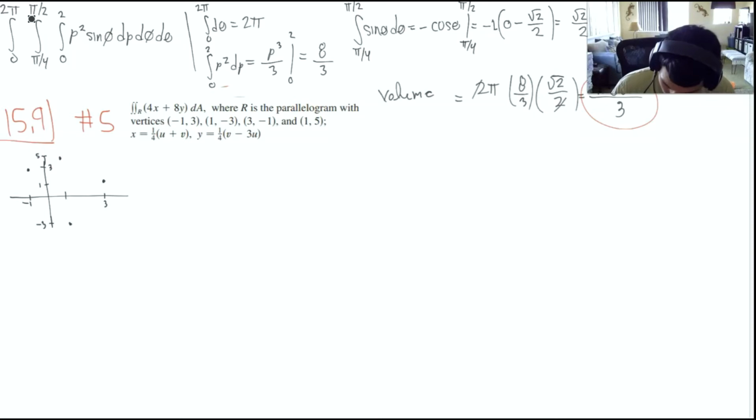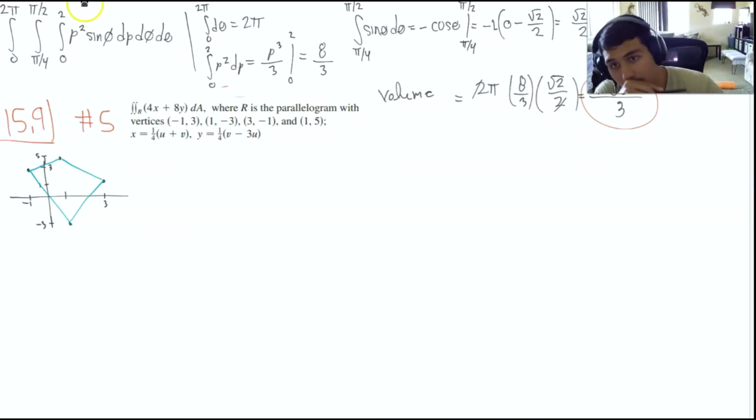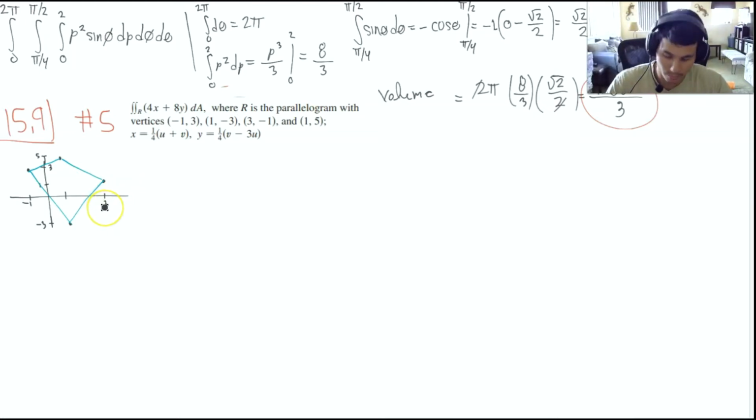So I'll do this in blue so you guys can see it better. Now, by no means is this drawn to scale or even drawn correctly. This is a terrible drawing on my part. Let's just check our points. Negative 1, 3, 1, negative 3, 3, 3, negative 1. Damn it.